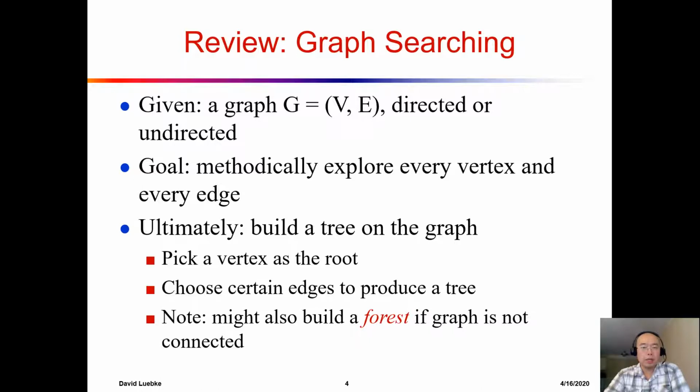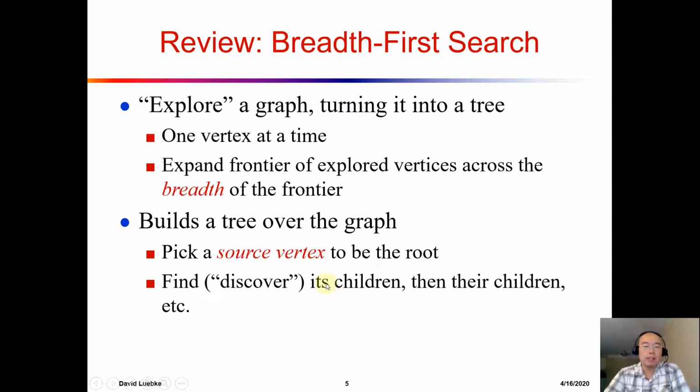We want to pick part of the edges and create a tree structure. And if it doesn't work because several parts of the graph are not connected, then it's not doable with just one tree, and in this case we have to create a forest.